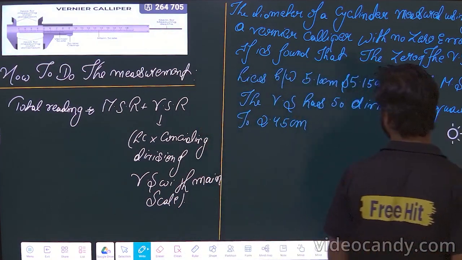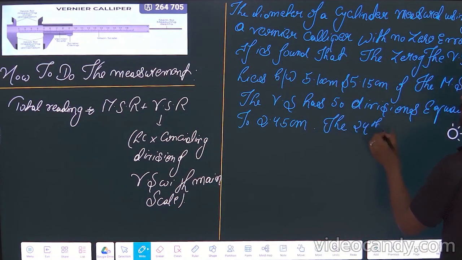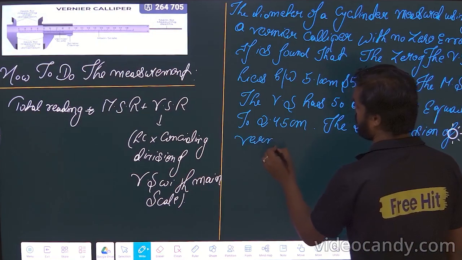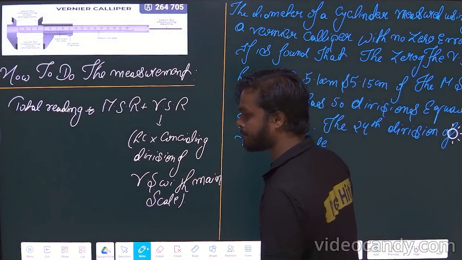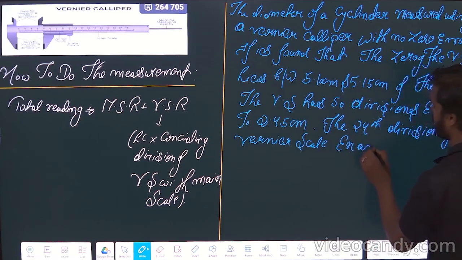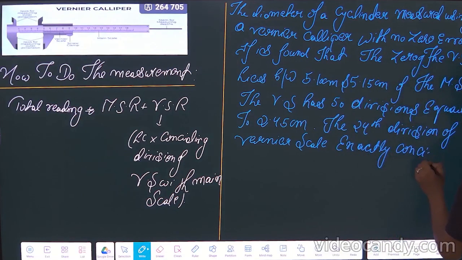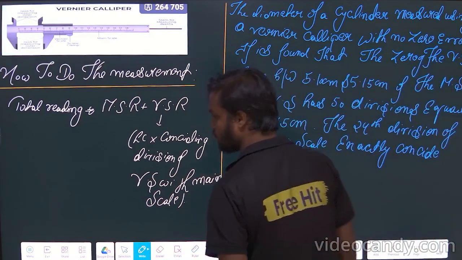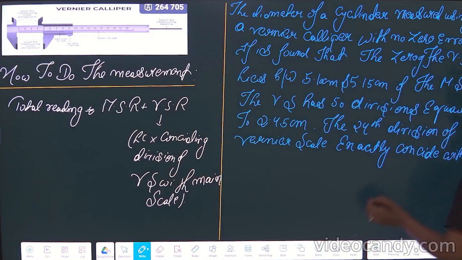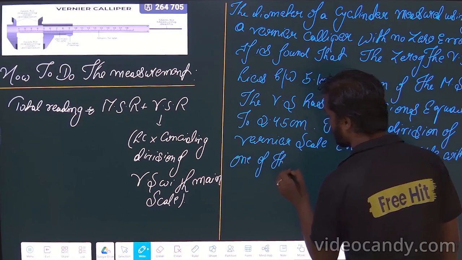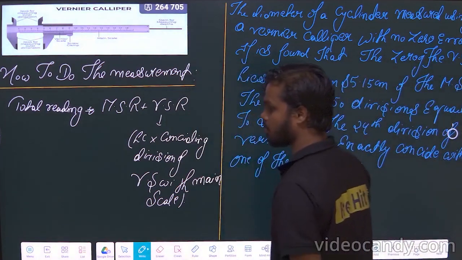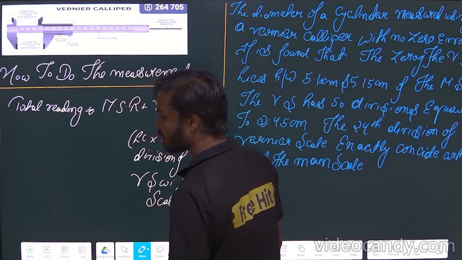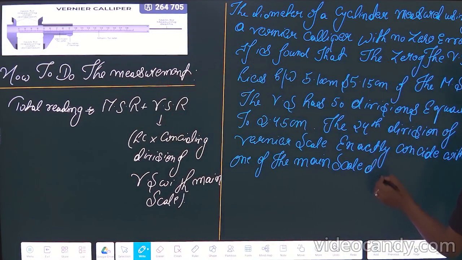The 24th division of the vernier scale exactly coincides with one of the main scale divisions.